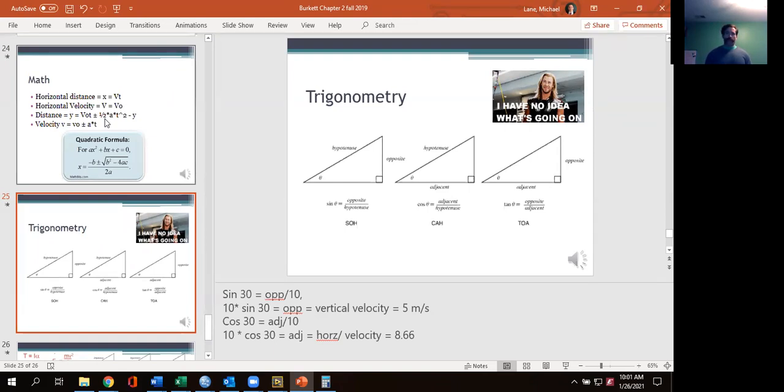So we take 1/2 of 9.81 meters per second squared, multiplied by time squared, which is going to be 2. So 2 times 2 is 4, times 1/2 is now back to 2, multiplied by 9.81, which is going to give us 19.62.